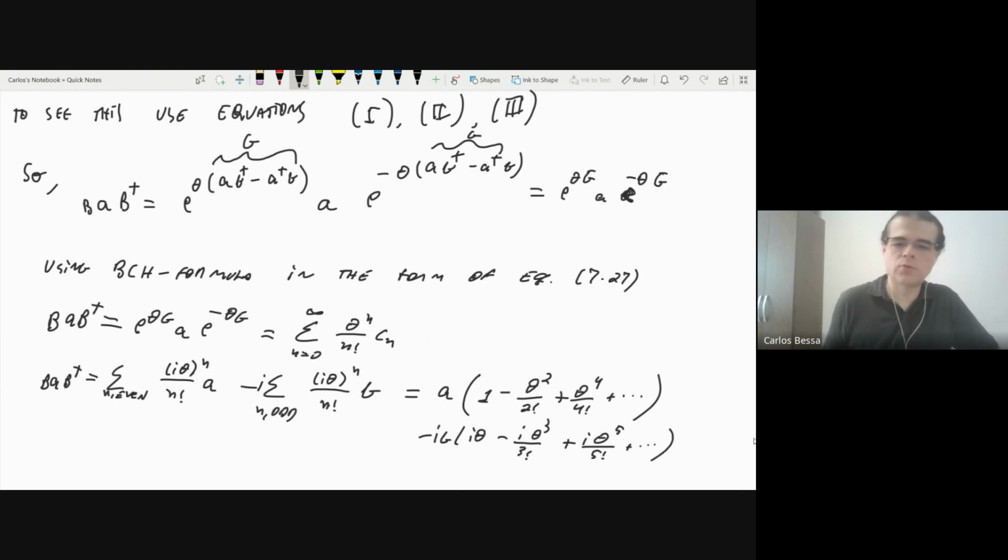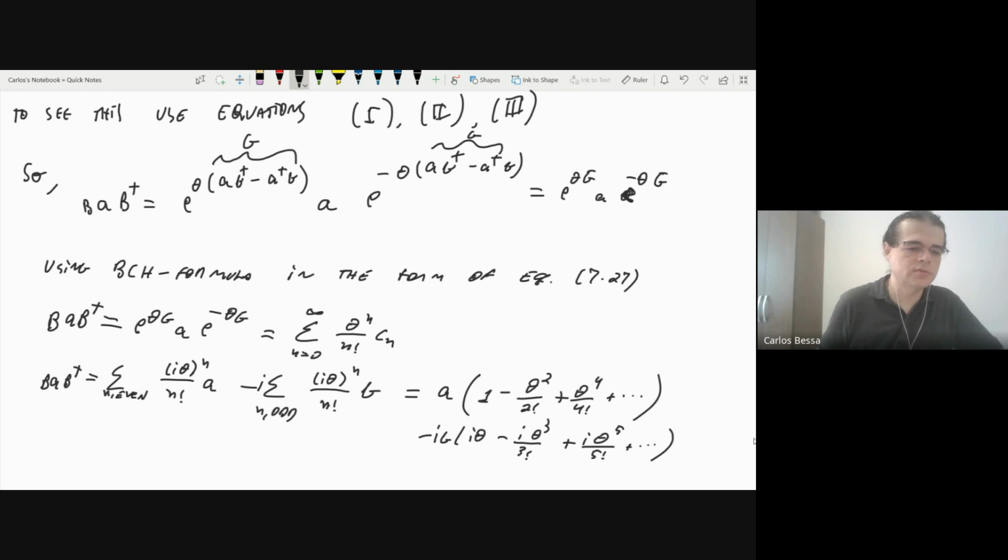And this will be just the series for a cosine. And when we multiply this i here with this i outside, this will be the series for the sine. And so we could prove the expression, right?